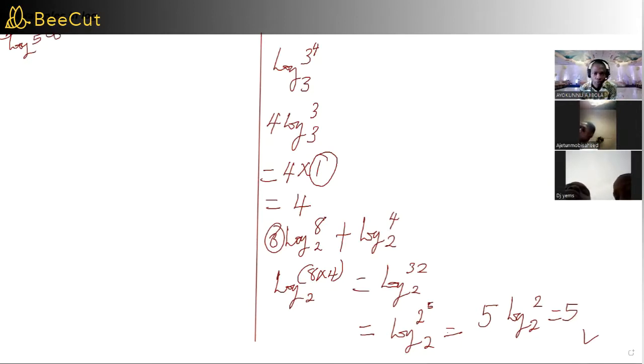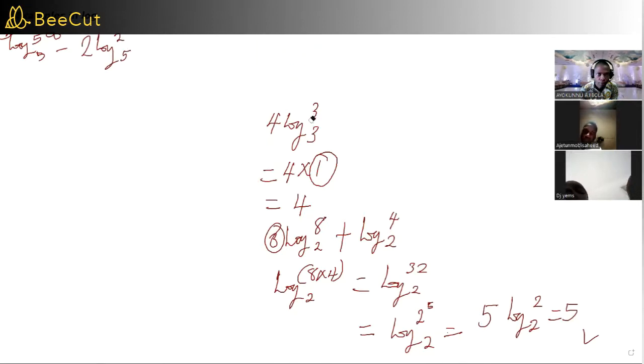So log 500 base 5 minus log 2 base 5, okay. So 500 base 5 minus 2 log 2 base 5. Let me clean this part because I'm going to need more space.